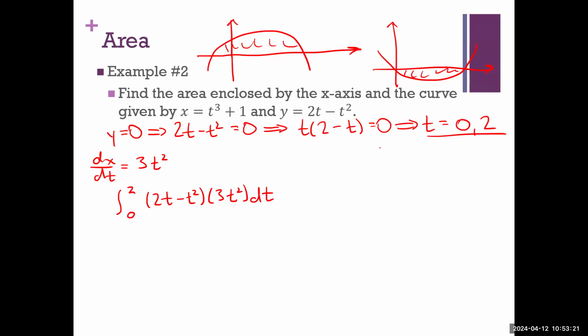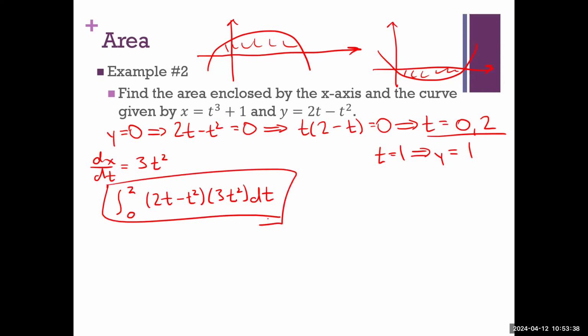All right, so let's choose the one right in the middle. If t equals 1, what is y? Positive 1. So I think the values of y are positive inside the interval, so I think this integral is good to find the area as it's written.